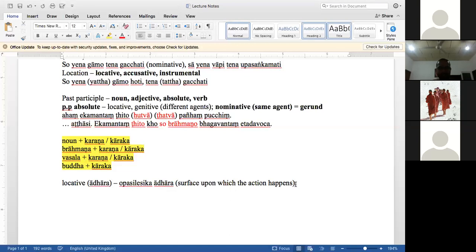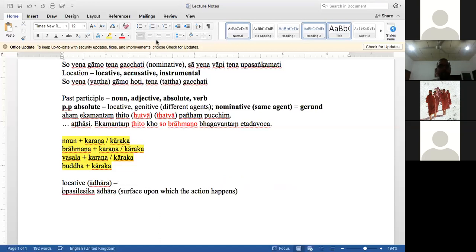The second meaning of Adhara is Samipa. Samipa Adhara means close by, a location close to the action.